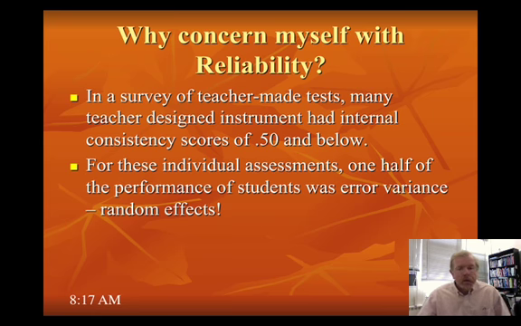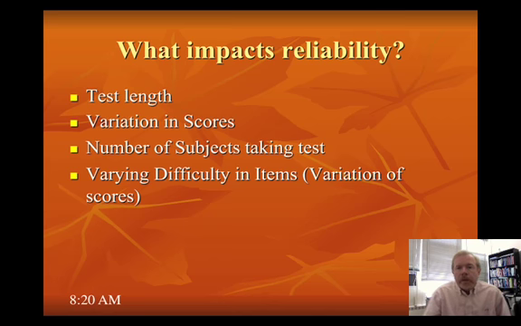So what impacts reliability? Well, there's a variety of things that have either a positive or a detrimental effect on the reliability of an assessment. One is test length. All of the things being equal, the longer your test, the more reliable it's likely to be.